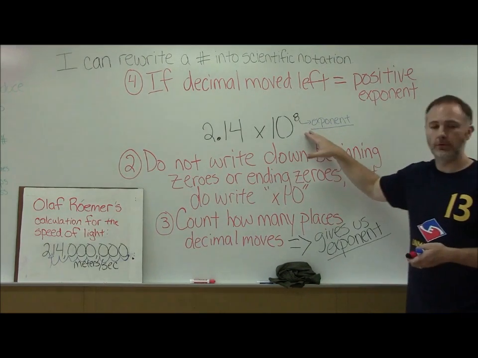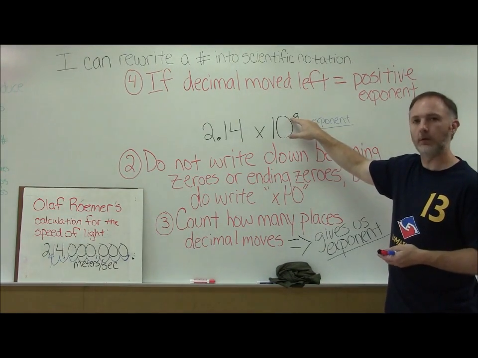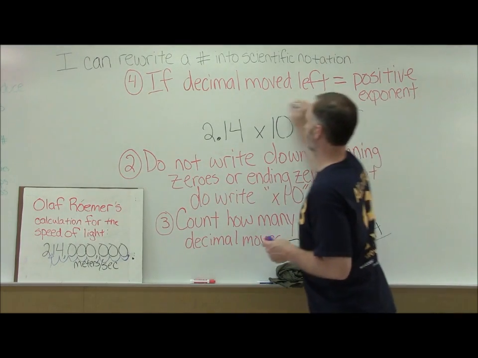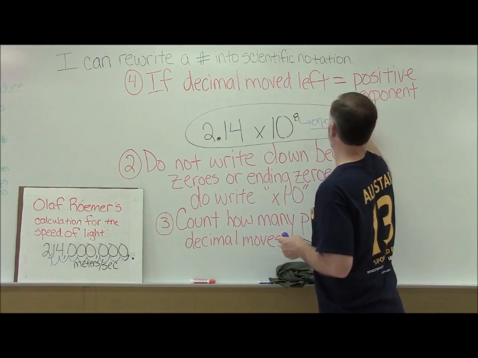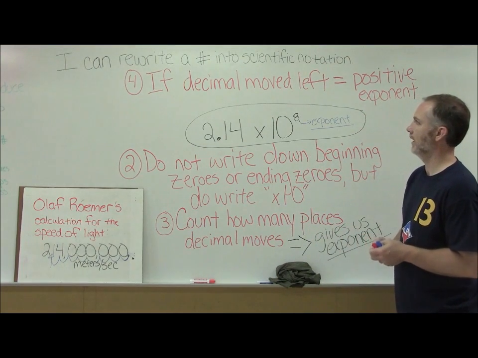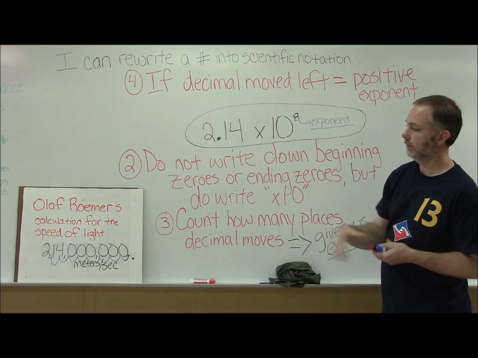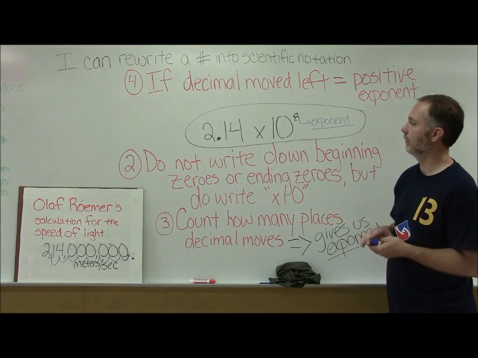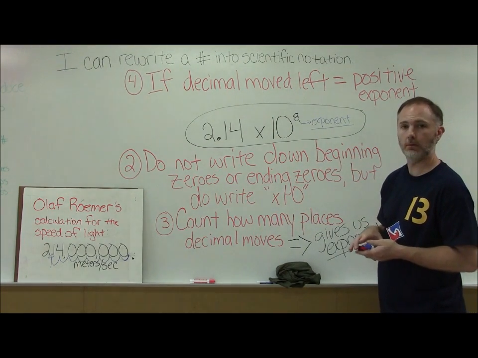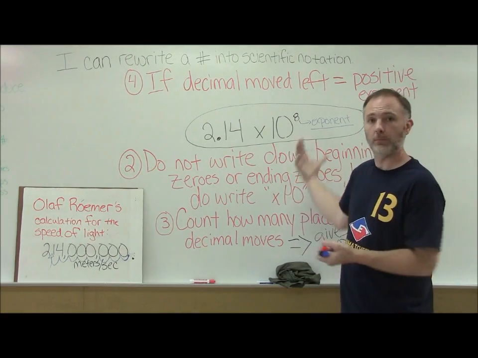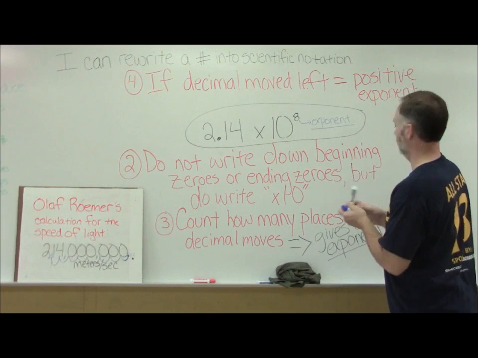So we don't have to do a plus sign right beside this 8. We're just going to leave it how it is. So the final answer is 2.14 times 10 to the 8th. We just rewrote 214 million into 2.14 times 10 to the 8th. Now, this is the rule if it's a big number. I'm going to write that in parentheses here.